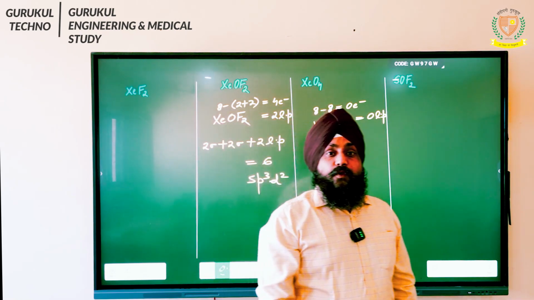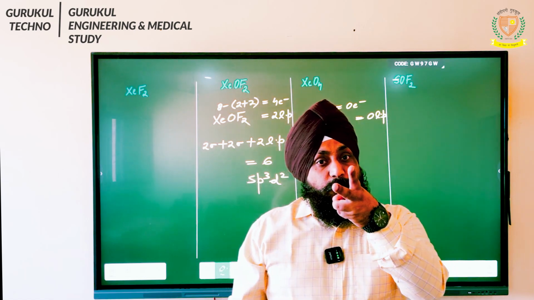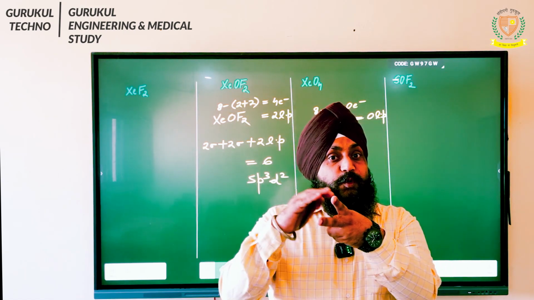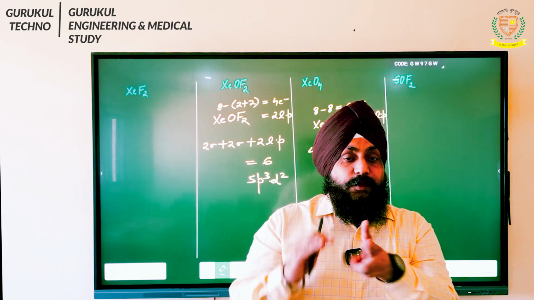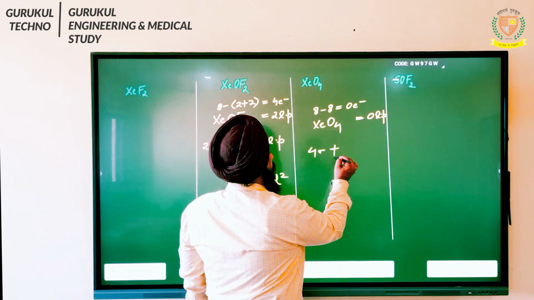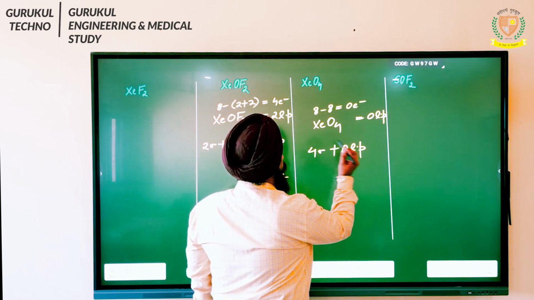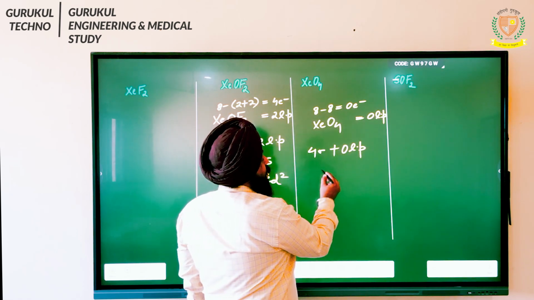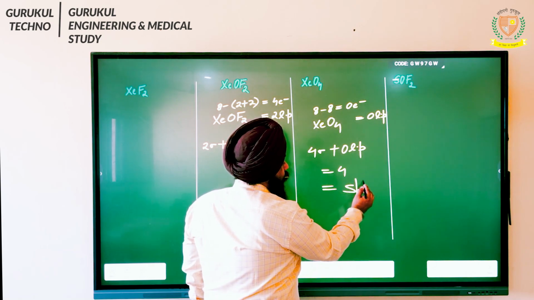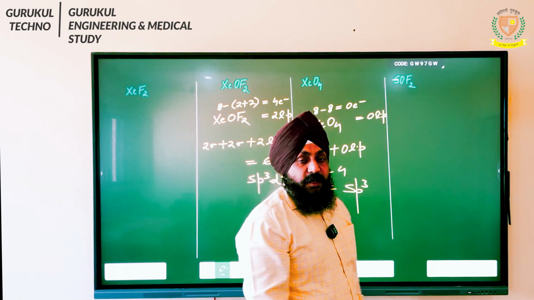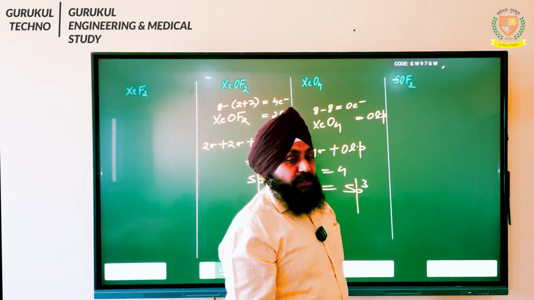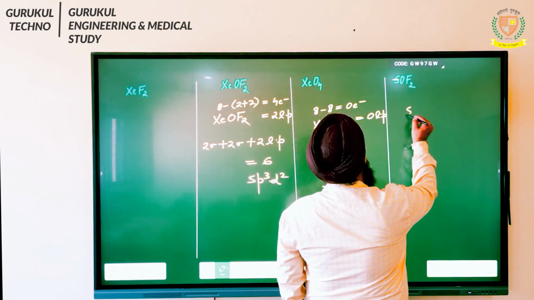Students, why have I written 4 sigma? One oxygen can form 2 bonds, out of which one is sigma, another one is pi. So we are supposed to count only sigma. So here there will be 4 such sigma, along with the 0 lone pair. So here it is coming to 4. You know, when it is 4, it is sp3 hybridized.